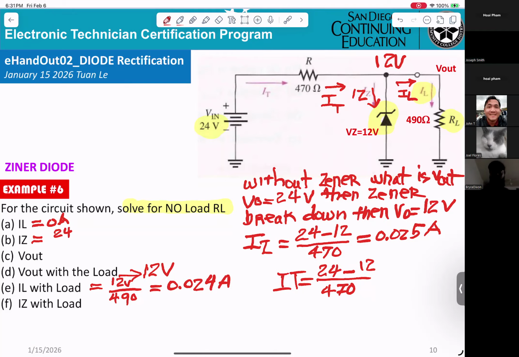You're doing the same thing again: 24 minus 12 divided by 470. That equals 12 divided by 470. We already did it. 12 divided by 470 is 0.025.